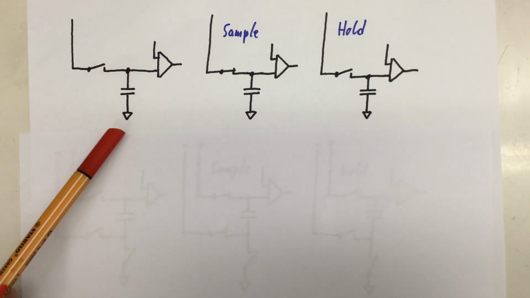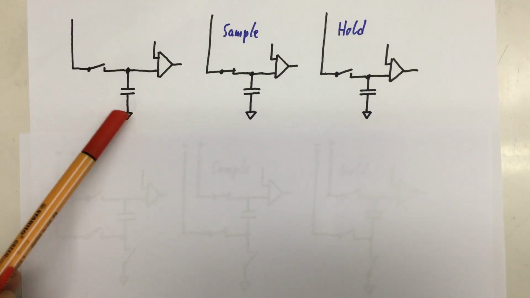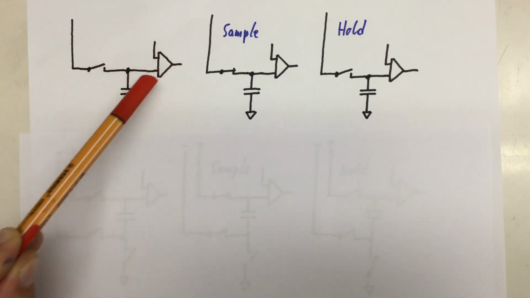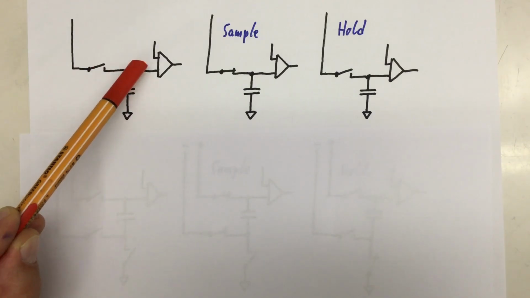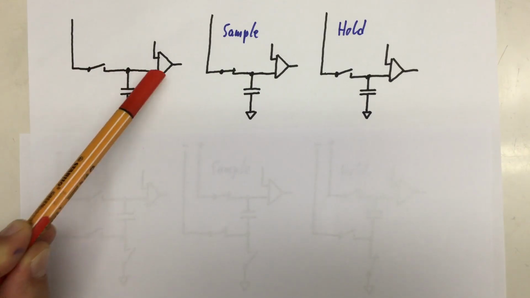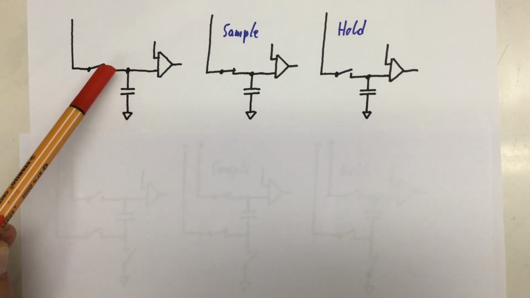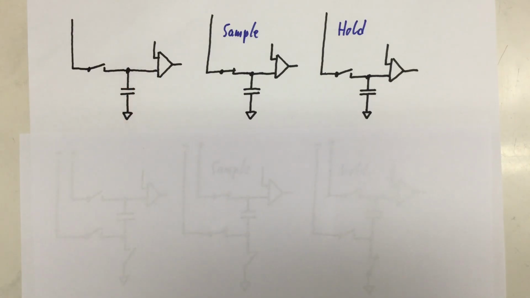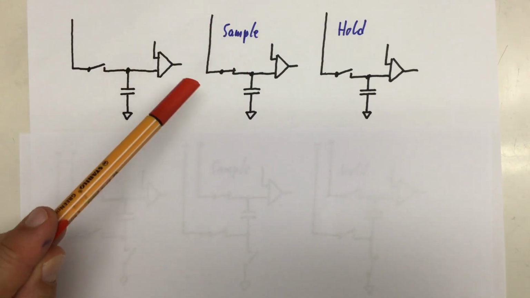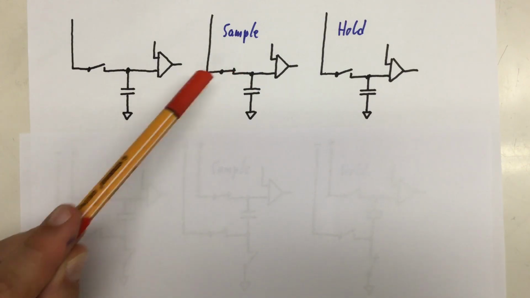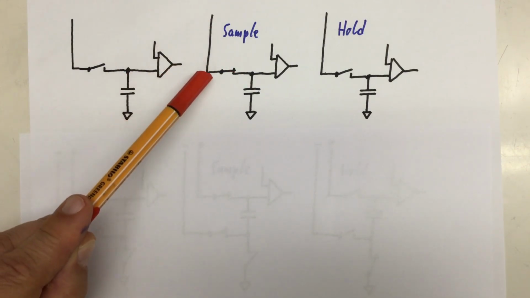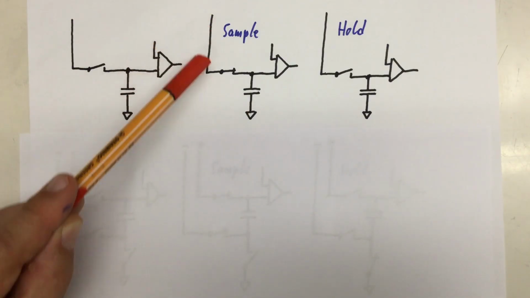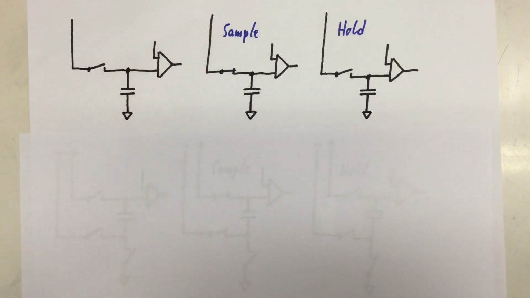That is fed here into a capacitor connected to ground, and that goes into our comparator, which of course needs to have a very high input impedance so it will not discharge our sample capacitor too quickly. If we want to sample the input, the switching element is closed and our capacitor charges up in reference to ground to the input voltage.